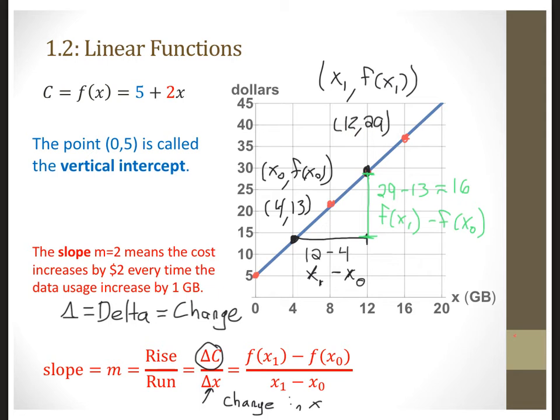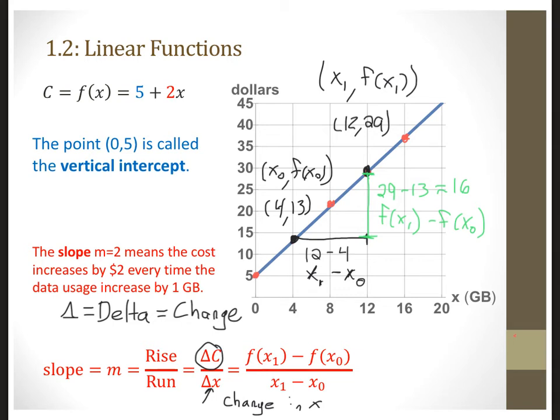And what we subtract from that are the coordinates of the initial point that we have. So in both these cases, I take f of x1 minus f of x0. And in this case, I take x1 minus x0. We want to be sure that we have the differences in a consistent way.